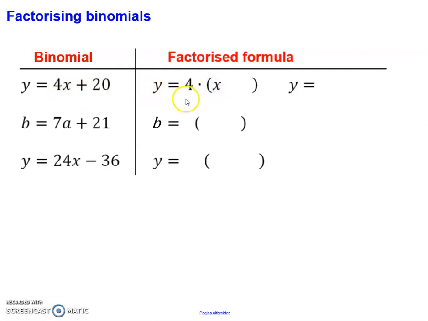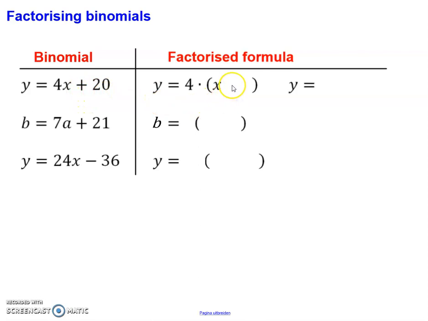Now remember, when we removed brackets, we used arcs, and you did 4 times something, 4 times x. Indeed, that's 4x. But think about the next step. When you were removing brackets, you needed to do 4 times something, and then there should be 20, positive 20, plus 20.